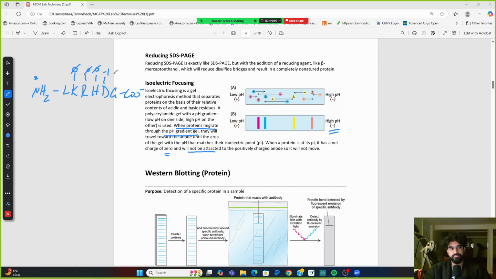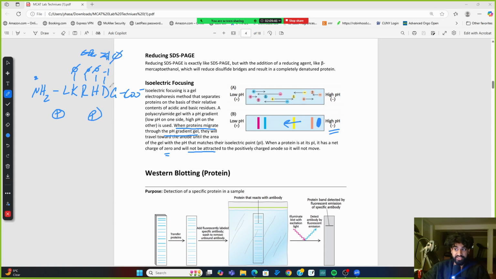Okay? This has a net charge of -2 when we load it up on this side. Since it's negative, it's going to start to get attracted this way, right? Does that make sense? As it gets attracted this way, one of these things, it literally does not matter which, is going to get protonated, which is going to make this a -1. As we keep going, another one of them is going to get protonated, which is going to make it 0.